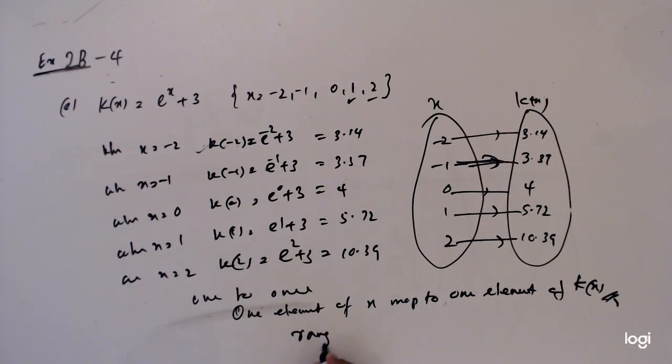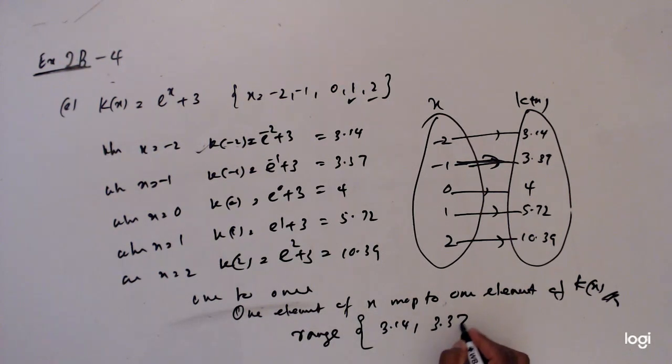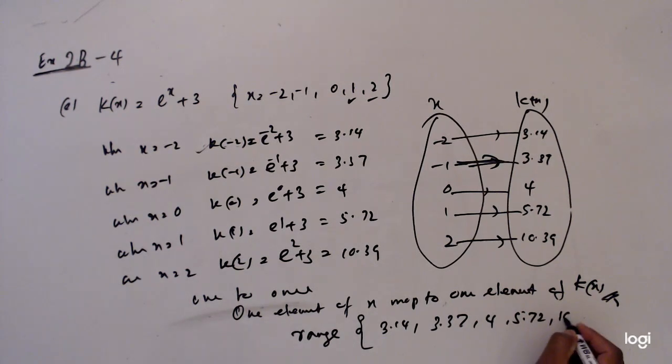So this is the range: 3.14, 3.37, 4, 5.72, and 10.39.